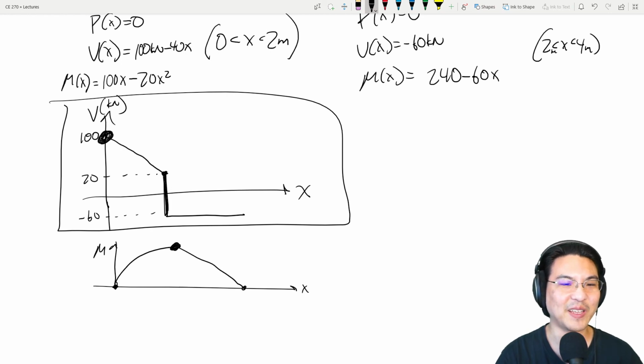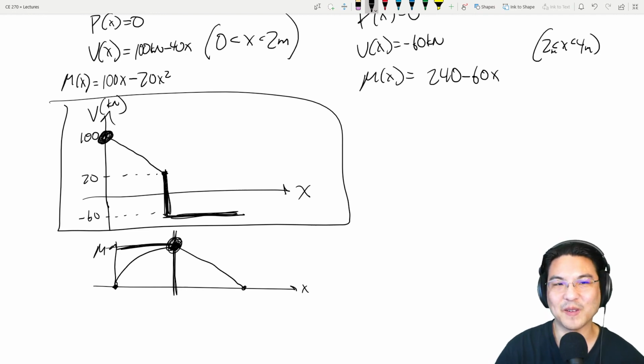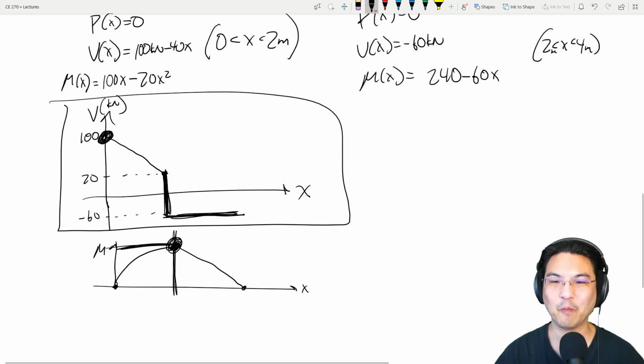Then there's a sudden change here at x equal to 2 meters, and then it's constant over here. What about the bending moment? Where is the maximum? The maximum is right here. And then we can even get the value, right? It was, what was it, 120?